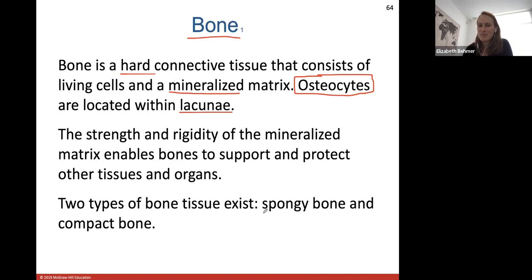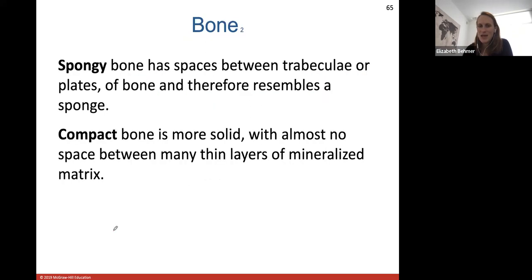And there's two types of bones, spongy bone and compact bone. And we'll talk a lot more about bone when we get to your skeletal system in the next chapter. Spongy bone has spaces between bridges or trabeculae or plates of bone, and it looks like a sponge.